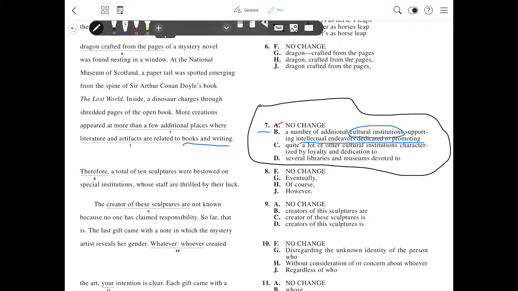Okay, so now we're going to read it with option C. More creations appeared at quite a lot of other cultural institutions characterized by loyalty and dedication to books and writing. Look at that sentence right here. That's actually not the most grammatically professional way of saying a large number of something.